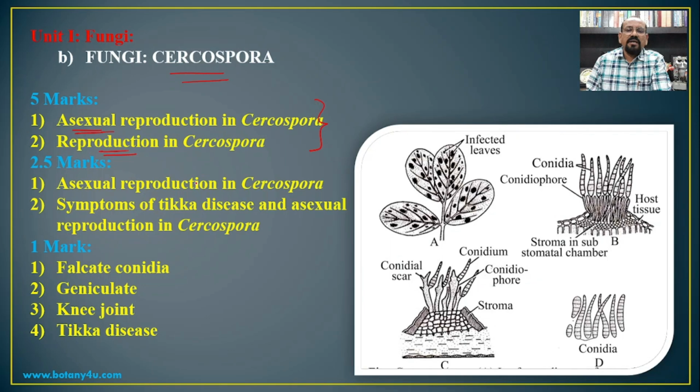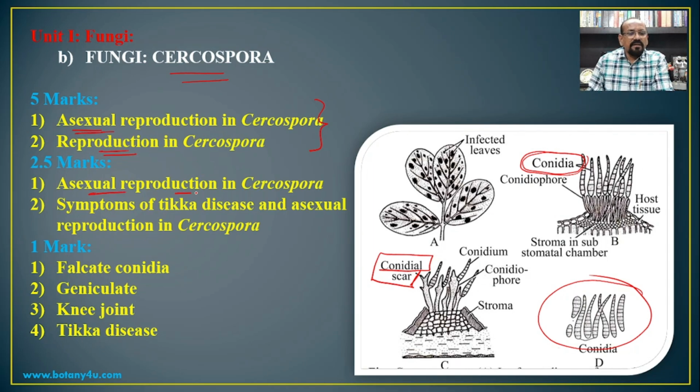It means the answer is the same, that is asexual reproduction. Here the asexual reproduction is by means of the formation of conidia, and very specifically the type of conidia formed by Cercospora are multicellular and mostly falcate or curved.